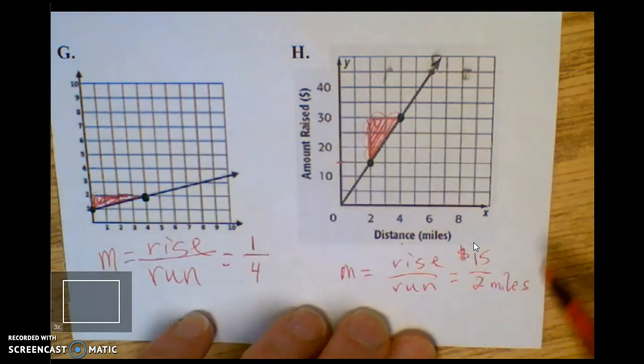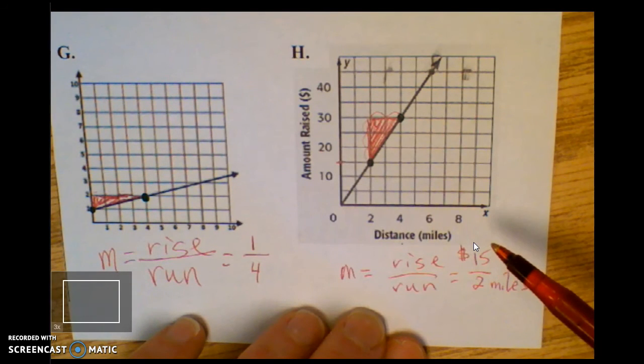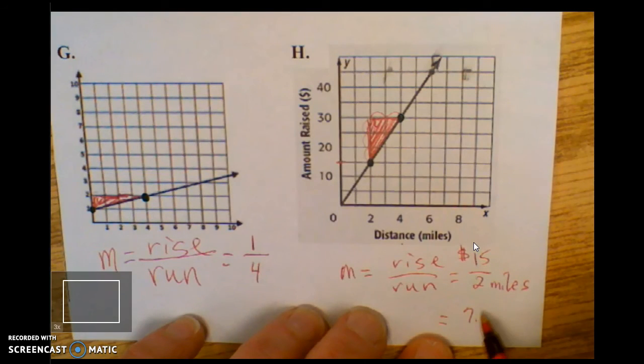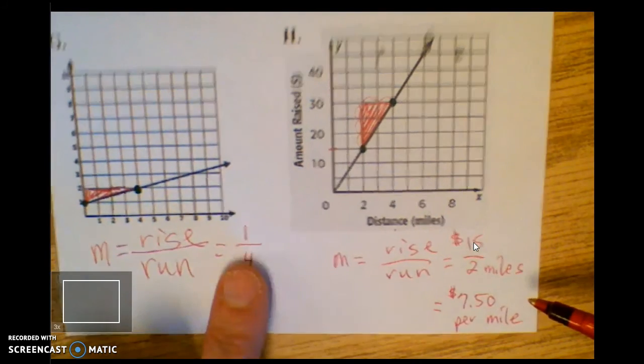We can write our scale like that, or we can reduce this fraction. If you had $15 for 2 miles, divide that out, and I believe you get $7.50 per mile. It's more of a unit rate that we can look at for our slope, and it's a little bit easier to compare two numbers.